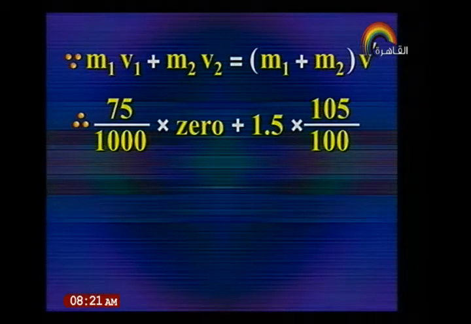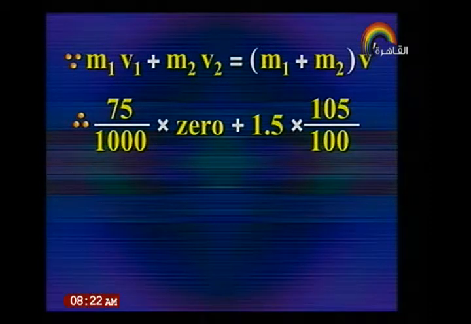Dear student, look at the solution. M1 V1 plus M2 V2 equals M1 plus M2 inside the bracket V dash. Then by using substitution, M1 equals 75 over 1000 because M1 in gram is divided by 1000, multiplied by V1 equals 0.